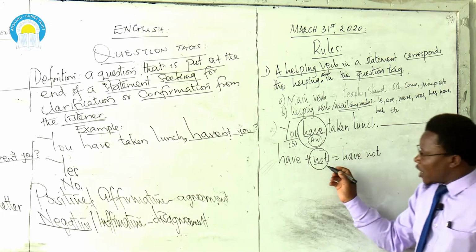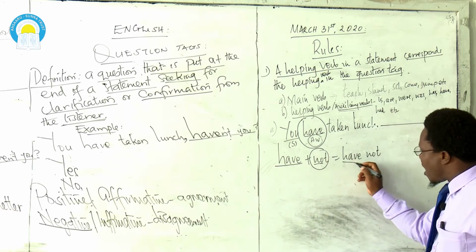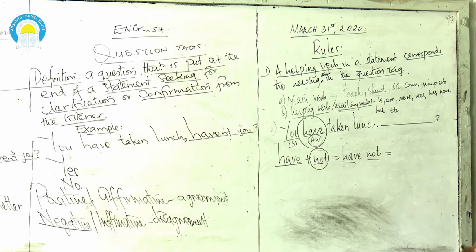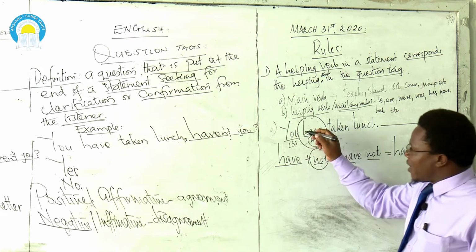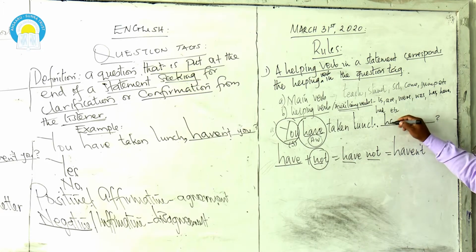So when we attach not to the auxiliary have, we form have not. Then we get the abbreviation of have not, which in this case is haven't. So considering the subject is you, our question tag now is haven't you.